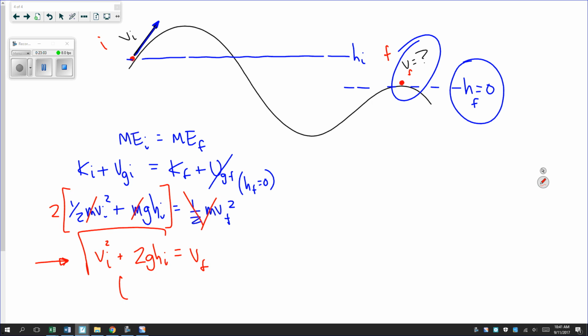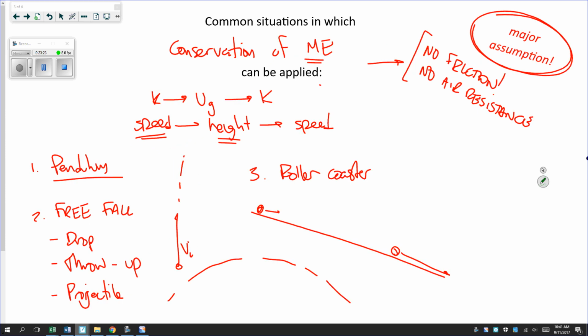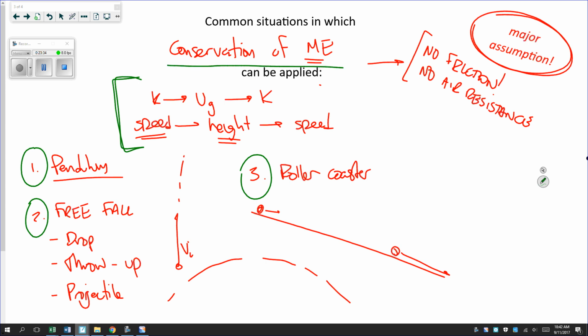This is a specific application of the thing to remember, which is this: our approach to solving a whole bunch of problems that can look quite a bit different. There can be lots of different scenarios in which this is happening, so we can apply a really, really important idea: that mechanical energy is conserved. Again, assuming that we simplify our world, which, as you'll see, a lot of questions do.